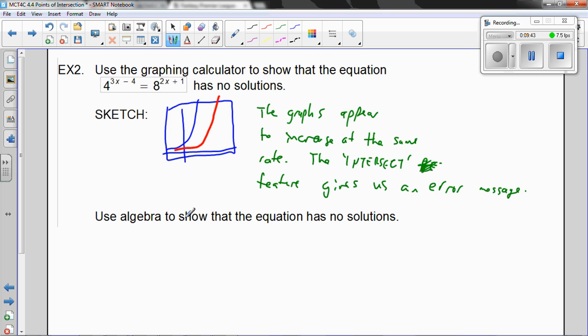We actually saw one like this the other day. How I would solve this using algebra is I'd want to write both sides with the same base and then see if I can get the exponents to equal then. I see both of these are powers of 2, so I should be able to do this.